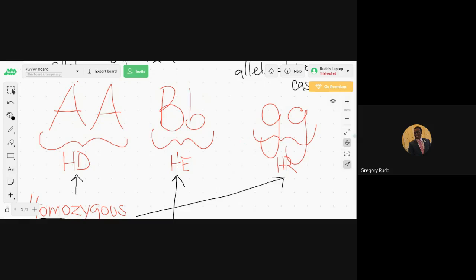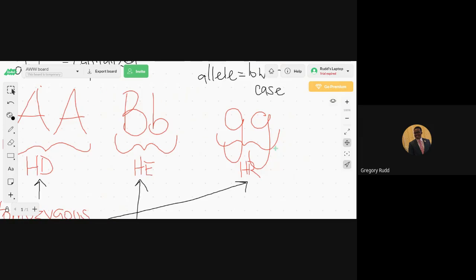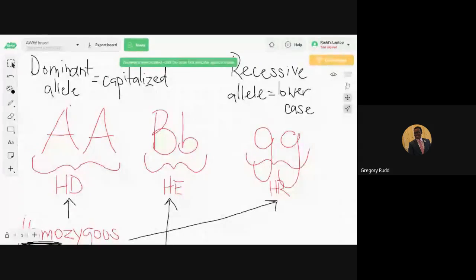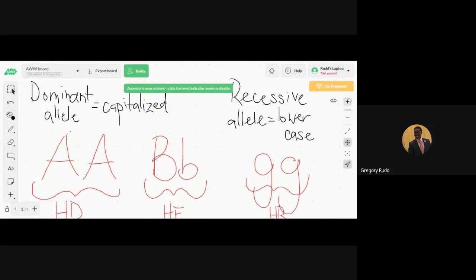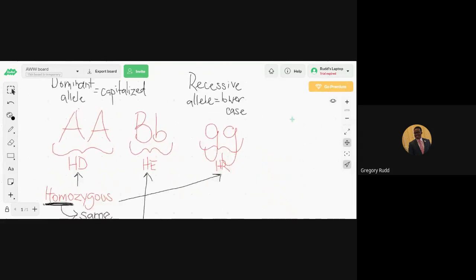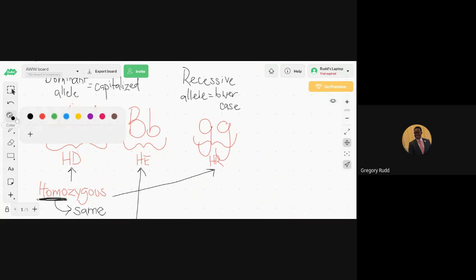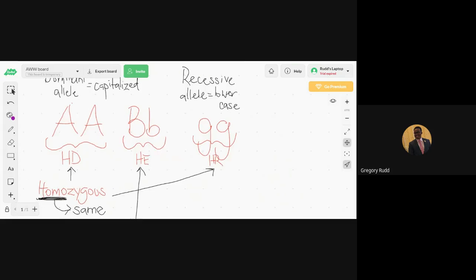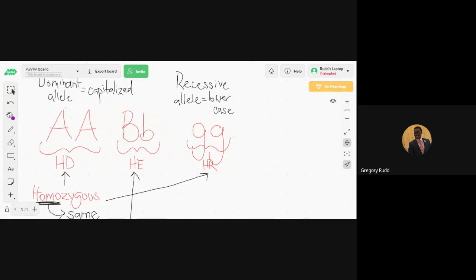Now, each of these is an example of what we call a genotype.